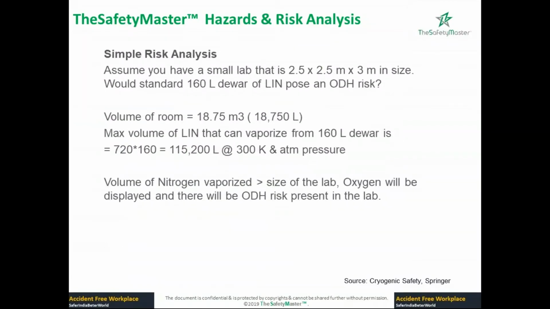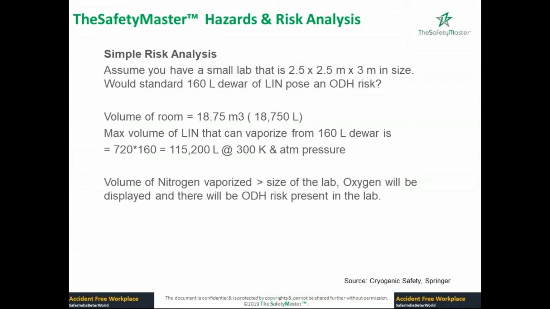Now let us take a simple problem. You have a small laboratory. The size of the room is 2.5 by 2.5 by 3 meters, and it has a 160 liter dewar of liquid nitrogen. Is there any ODH risk with the liquid nitrogen?